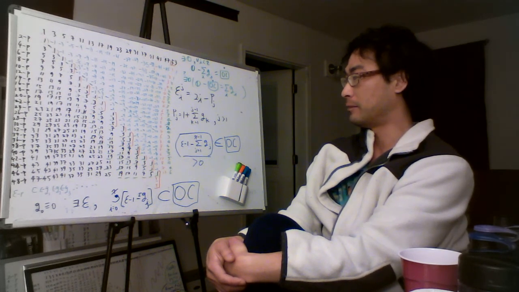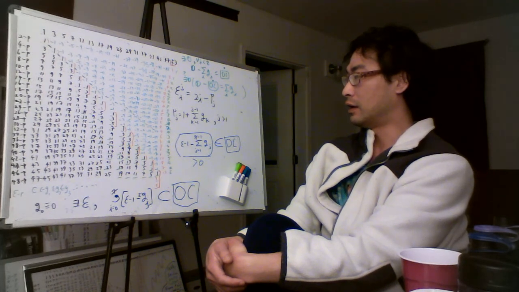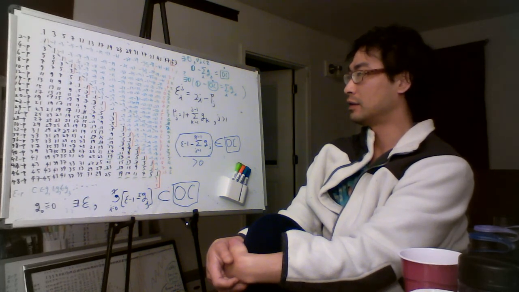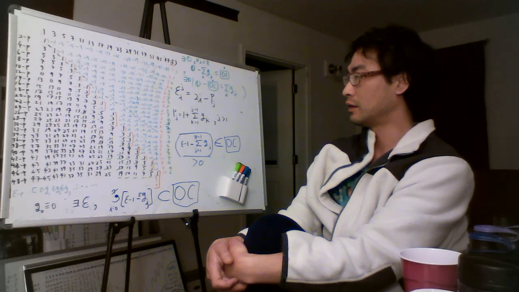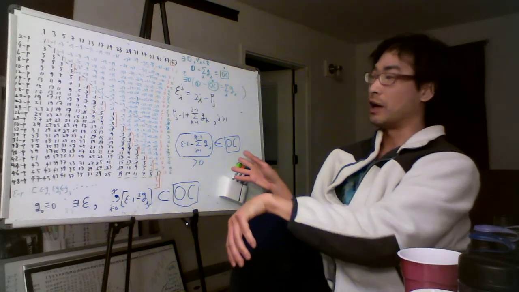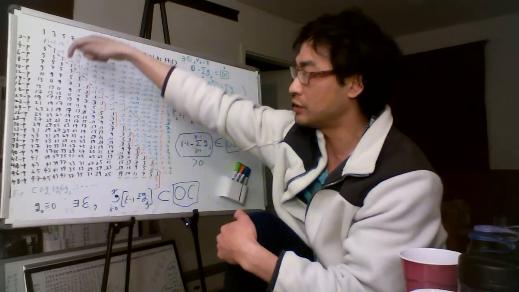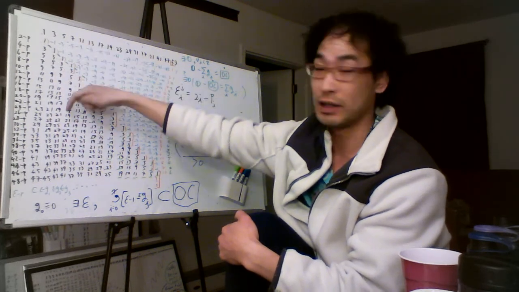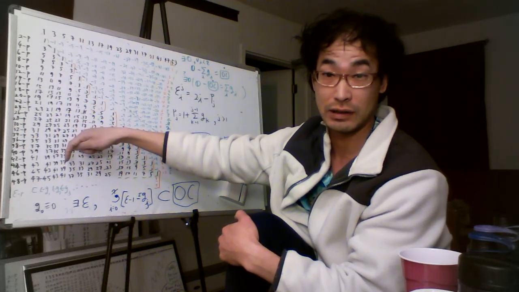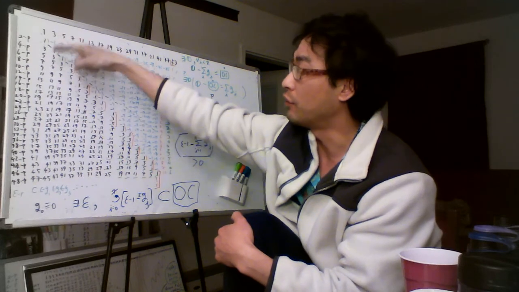Okay, and as numbers get bigger and bigger, well, first of all, we need to remember this. Each column gives us complete coverage of odd integers: 1, 3, 5, 7.